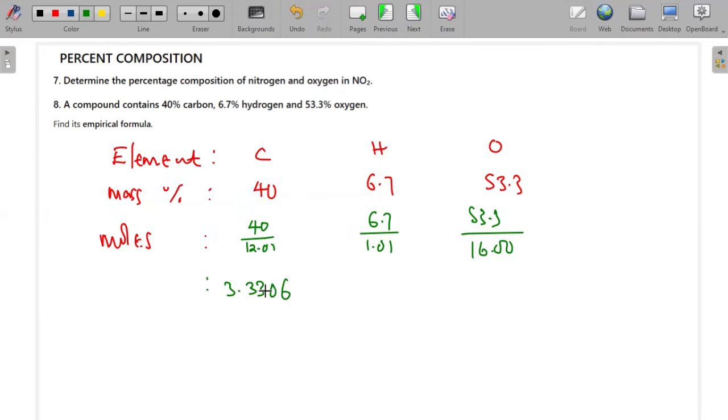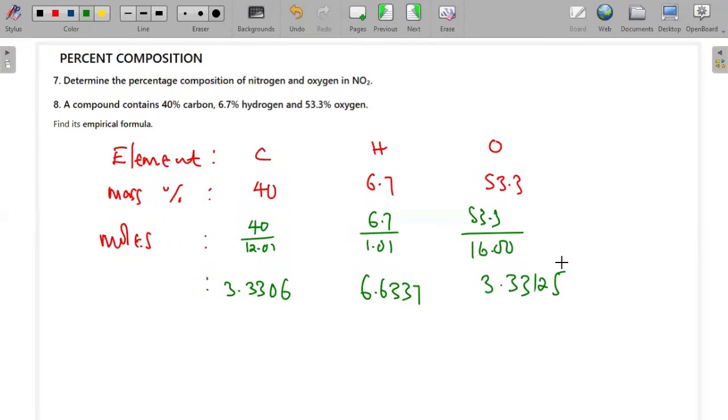Then 6.7 divided by 1.01, I'm getting 6.6337. I'm just rounding off to 4 decimal places. And then 53.3 divided by 16, I'm getting 3.33125.